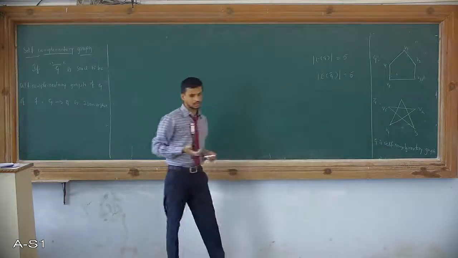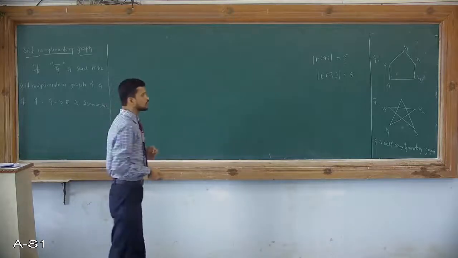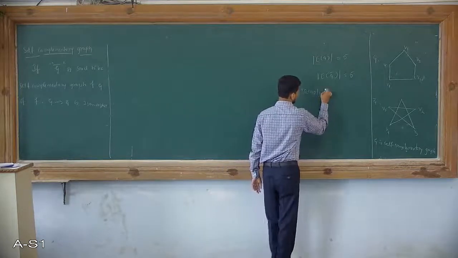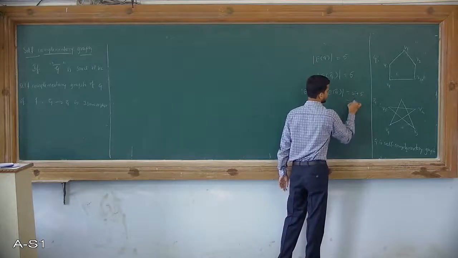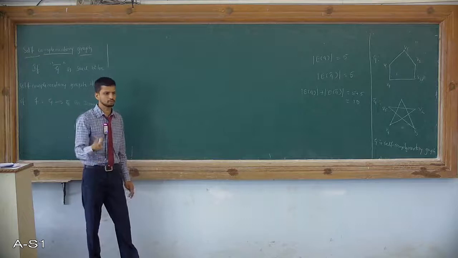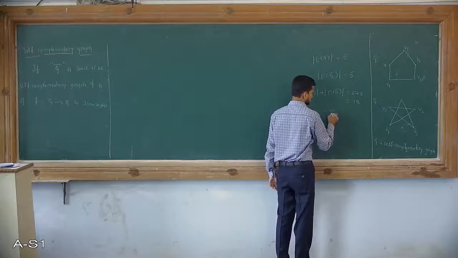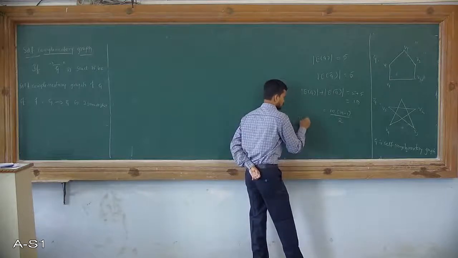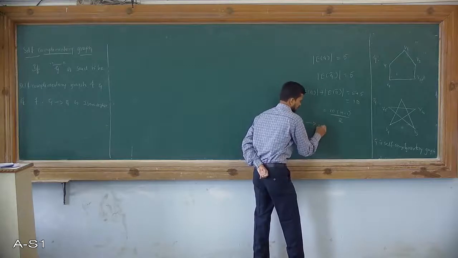Here I try to develop one relation because I am using it in the next example. So the total number of edges in G plus G bar is 5 plus 5, which is 10. This is one particular example. If I try to generalize it, it is m into m minus 1 divided by 2, where m stands for the number of vertices.